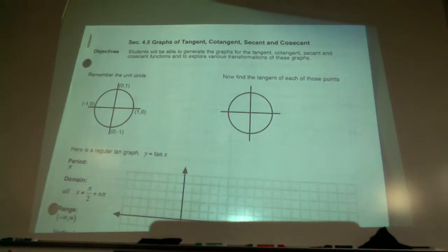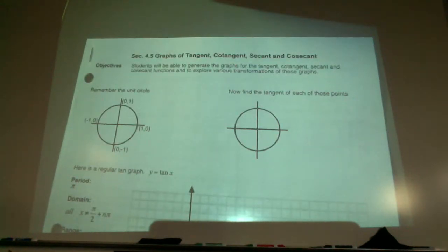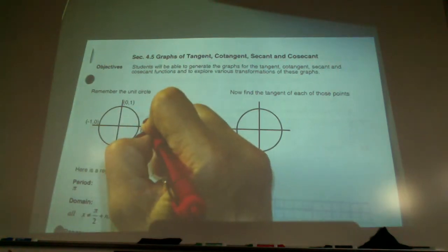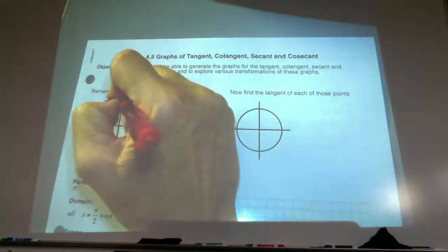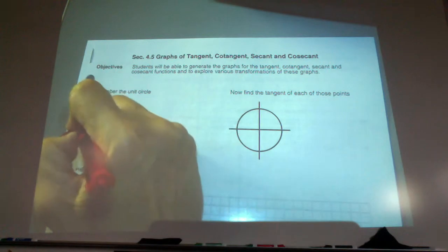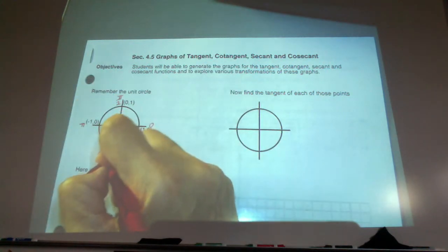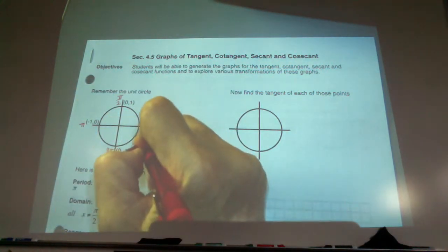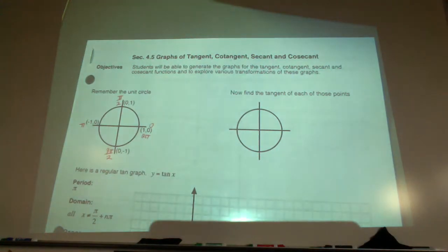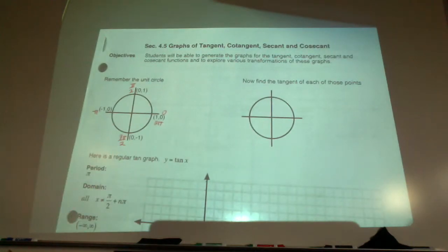So let's go and look at the unit circle. The unit circle has the following angles: 0, pi over 2, pi, 3 pi over 2, and 2 pi. And then you can see the ordered pairs there.